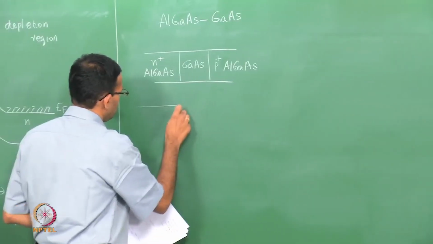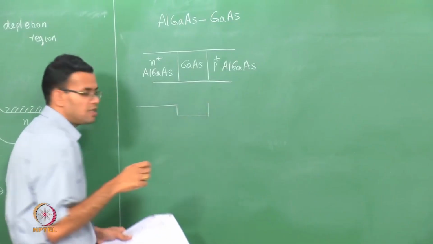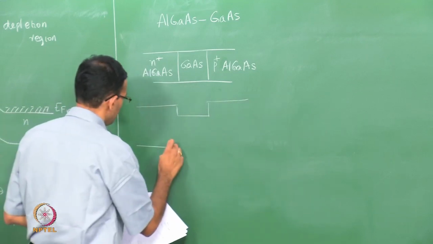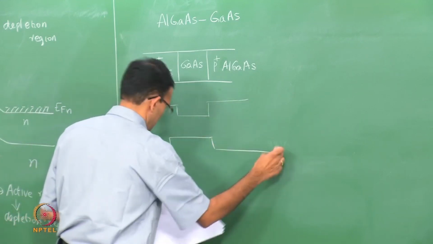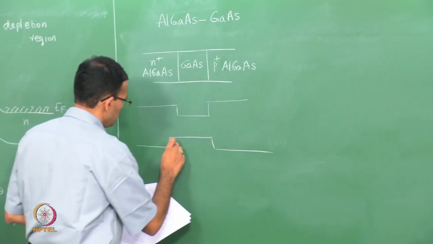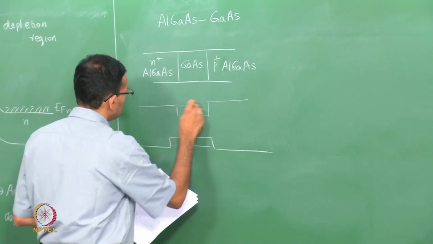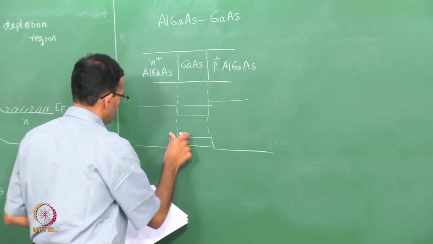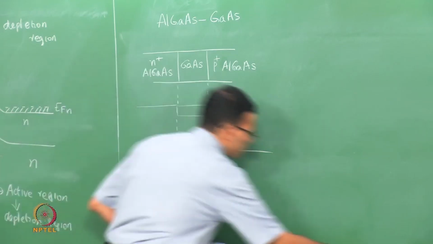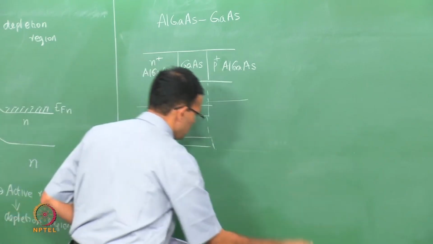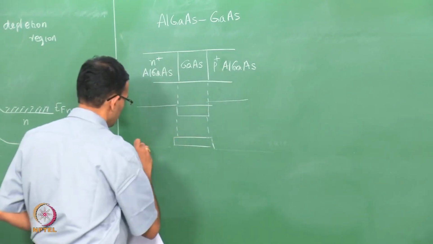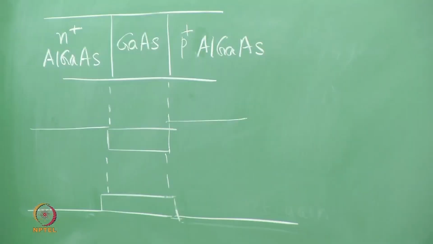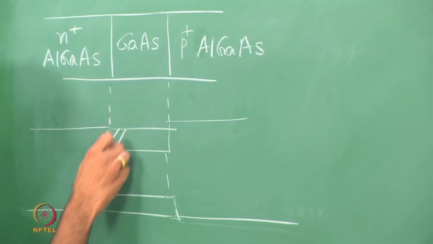So, if I were to draw a very basic band picture, so that this central region is your active region.